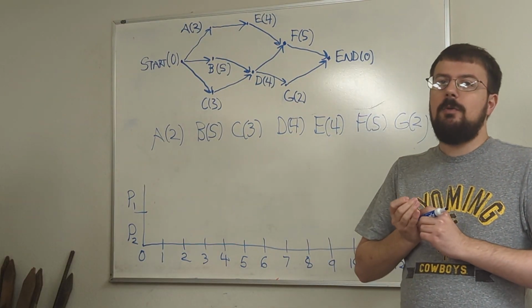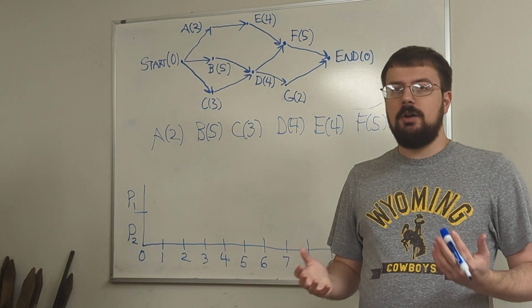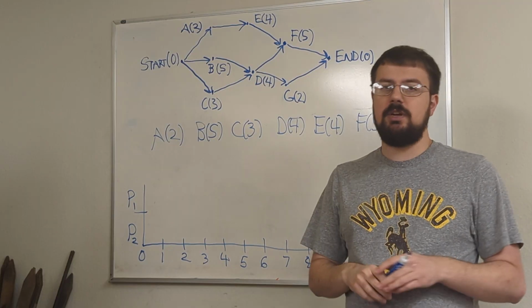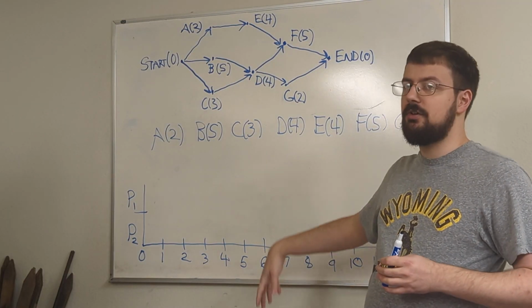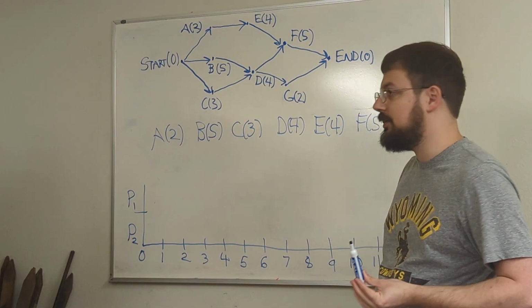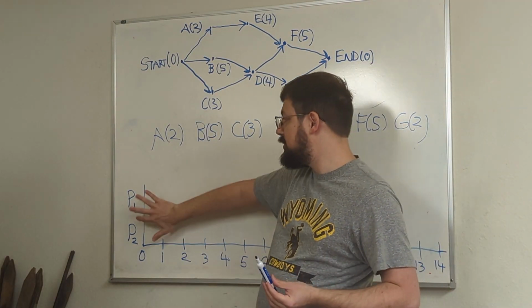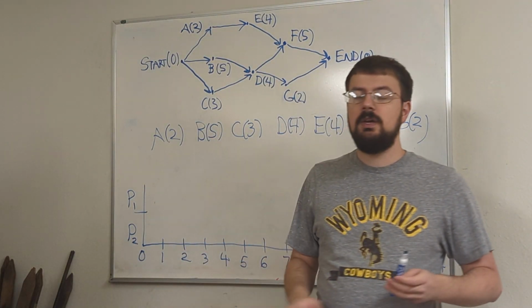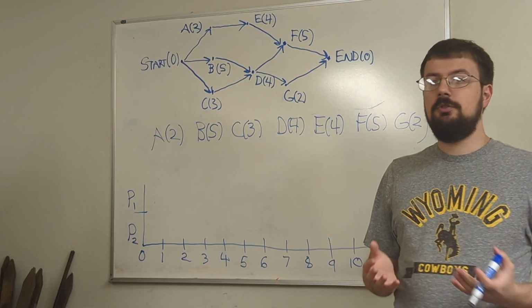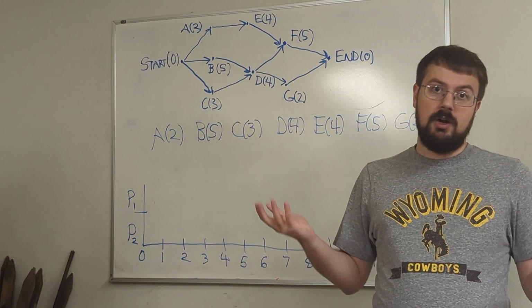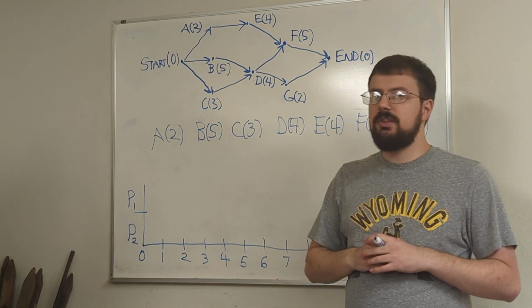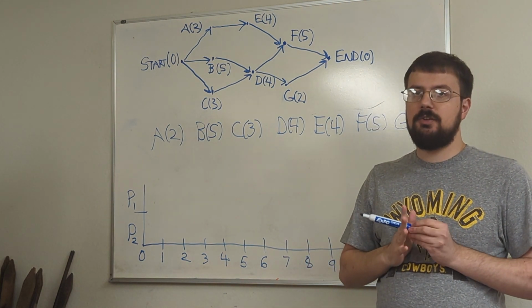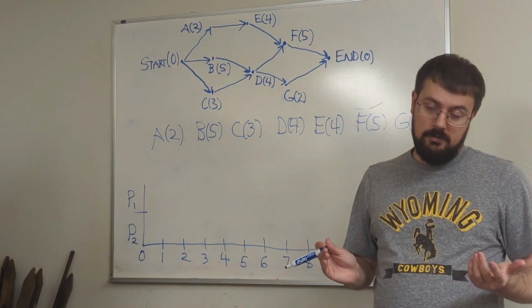So when we are following a priority list, at any given time there are three different possible scenarios. One of them is that all of our processors are busy. In the example we'll be looking at in a second, we have two processors, P1 and P2. If P1 and P2 are both busy, then we wait until one of them is not busy. The next scenario is one of our processors is available.